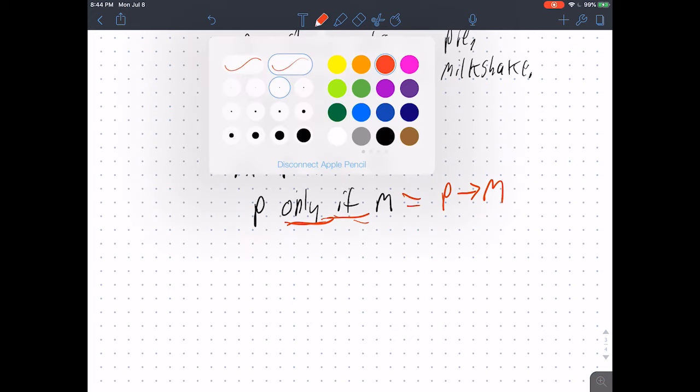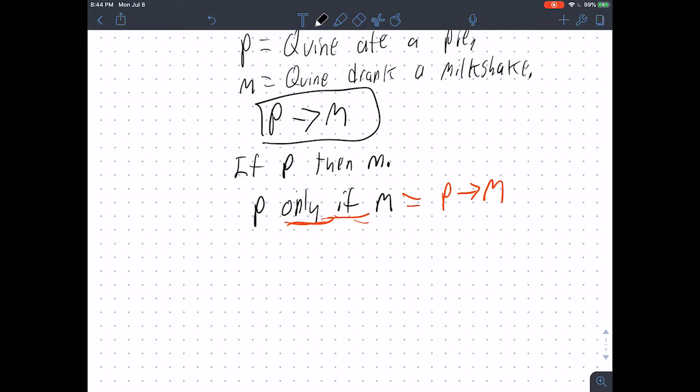We can also move the "if" around, right? So if we wrote M if P, or if we were to say it out, Quine drank a milkshake if he ate a pie, that also, and pay attention to the order here, goes to P arrow M. Because up here we have if P then M. But if we say Quine drank a milkshake if he ate a pie, that switches the order around, because the "if" is still before the P here.